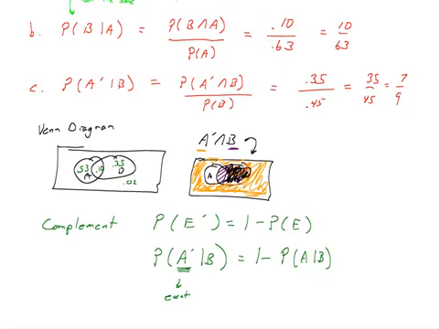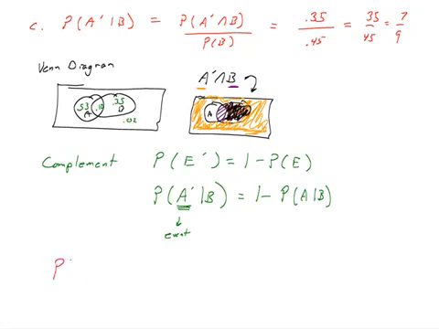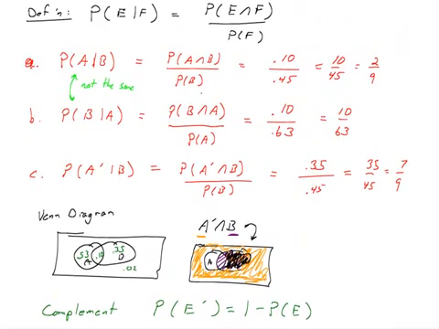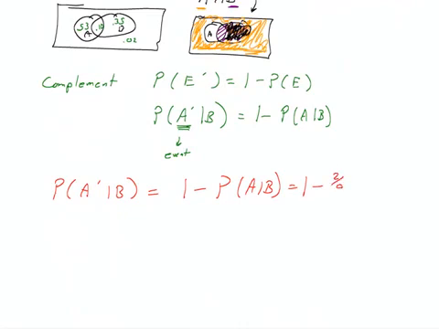So now if I want to answer this question, probability of A complement given B, I just need to take 1 minus probability of A given B, and remember we solved that. A given B, probability was 2/9. 1 minus 2/9 is 7/9.